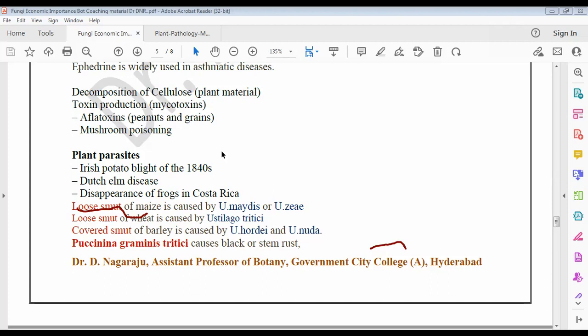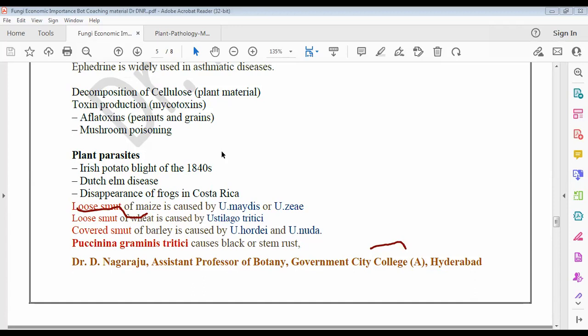What is it? Hemileia vastatrix. You have to repeat whenever I ask; I only say it once. Hemileia vastatrix. What does it cause? The Sri Lanka famine.